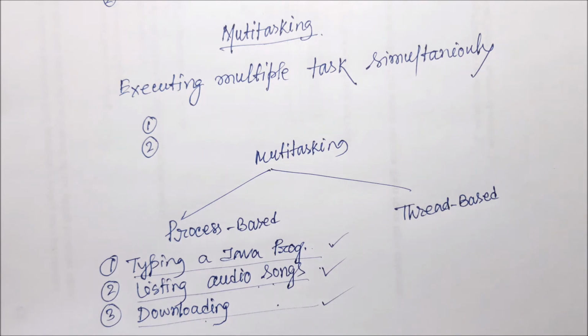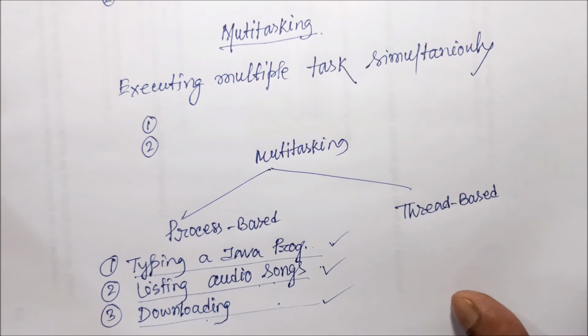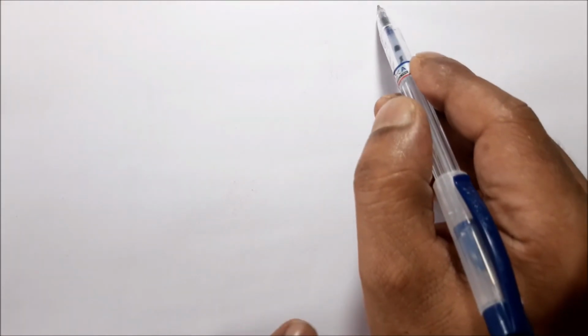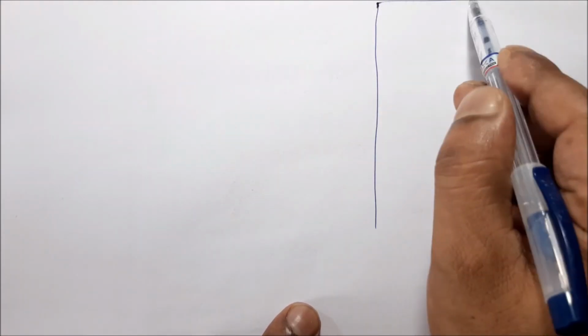Now suppose we have 10,000 lines of code, or you can think we have 50,000 lines of code of an application.